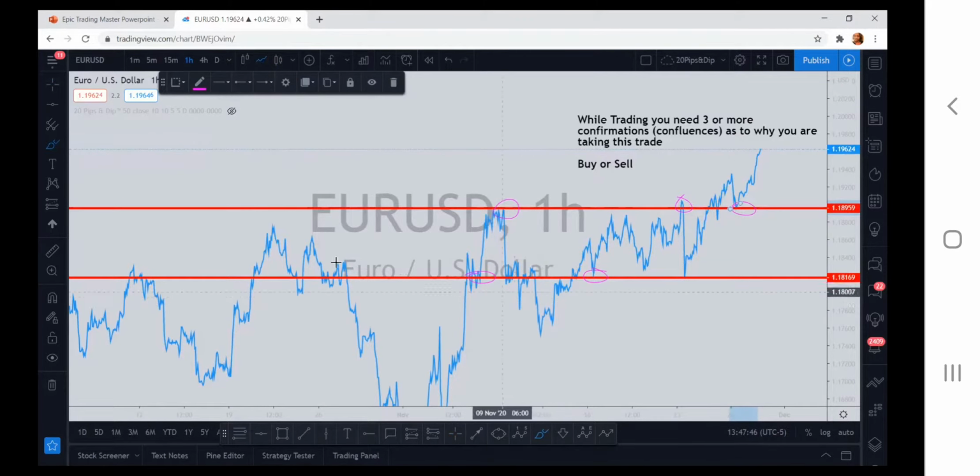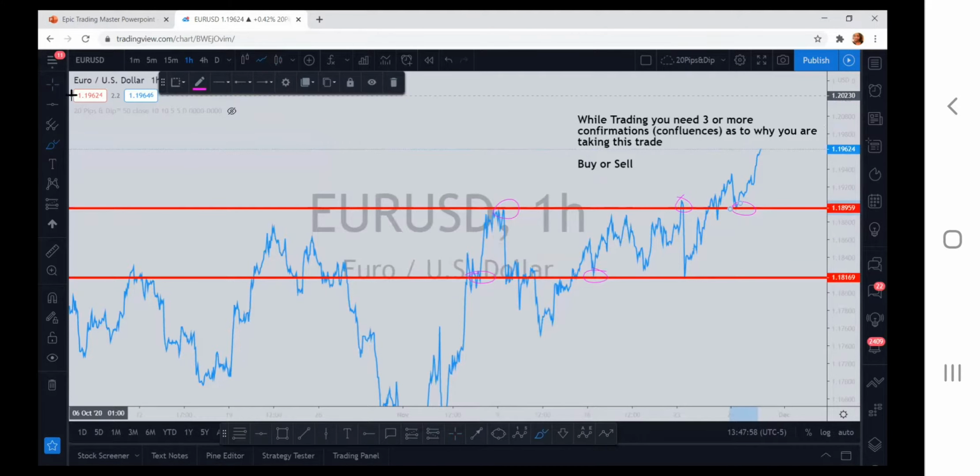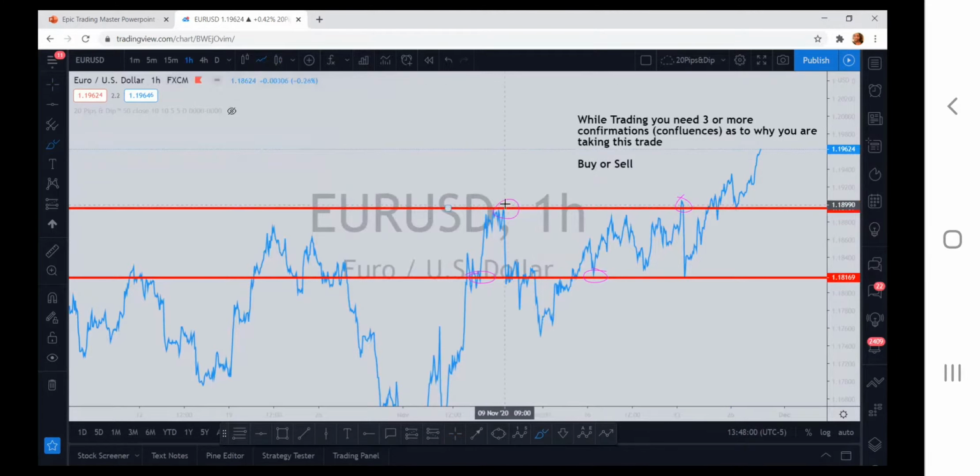That might be an area of confluence for you. I also meant to type here, break and retest is another confluence, right? Which would be chart patterns. It might be another confluence. So perhaps you're looking for a head and shoulders pattern. Okay. Whatever it is, that might be your area of confluence.